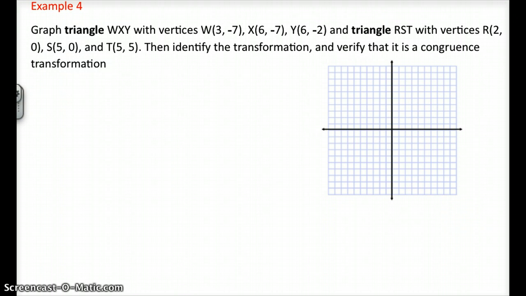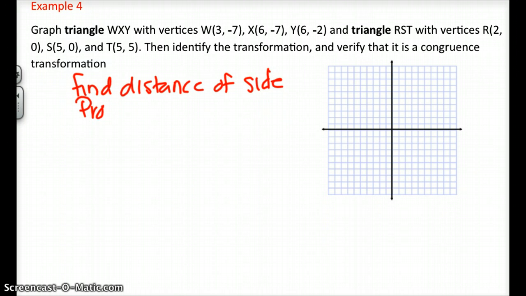So what I need to do is write this down, find the distance of the sides, and I'm going to prove using SSS. So let's go ahead and graph those. My W is 3, -7.